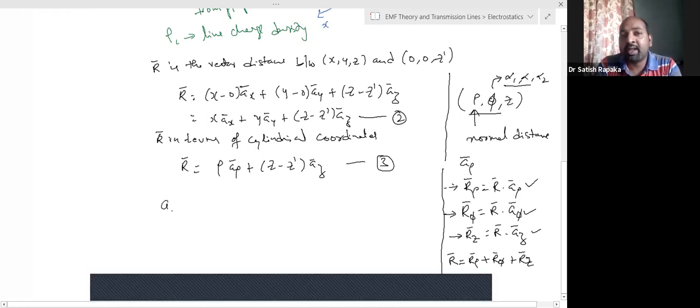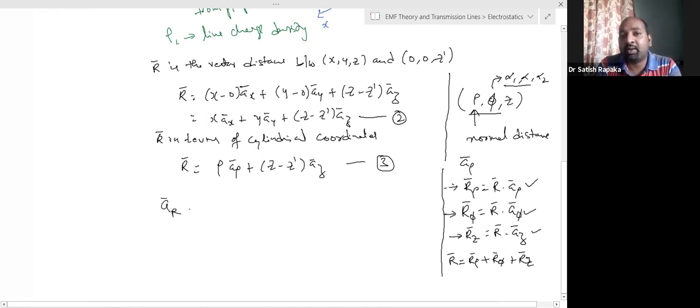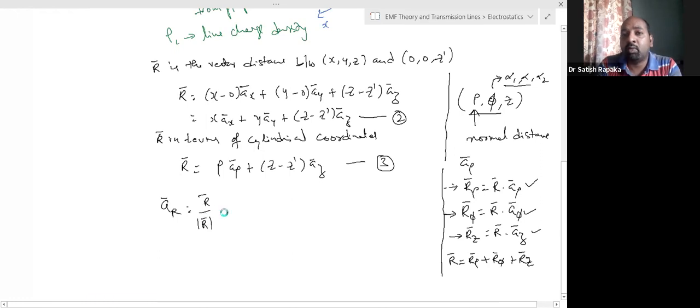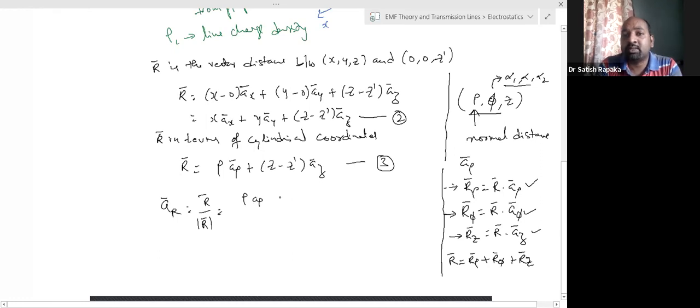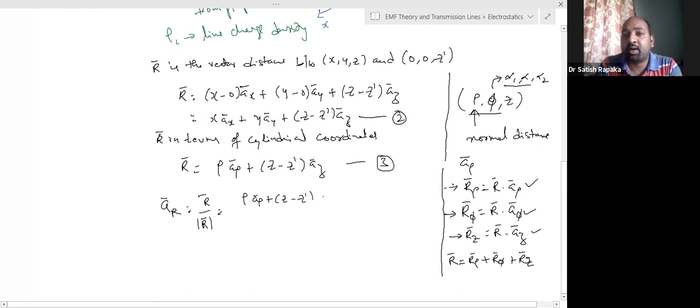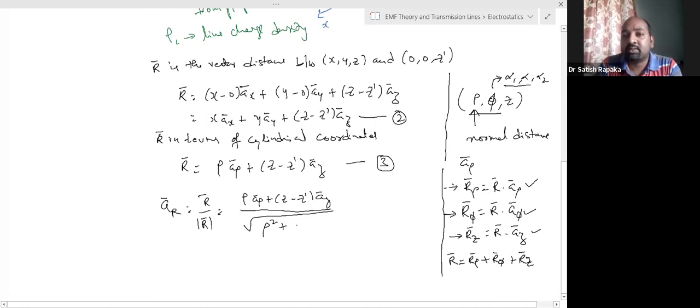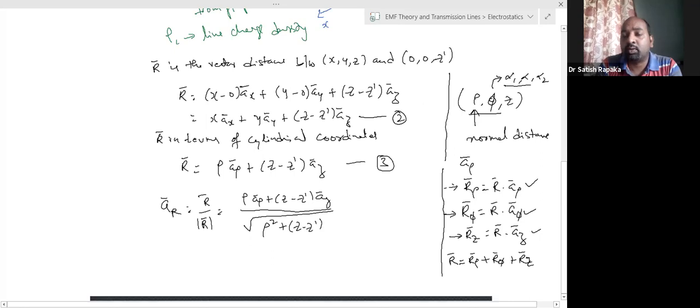So therefore a R bar, next what we want, a R bar is equal to R bar by mod R bar, which is equal to rho a rho bar plus (z minus z dash) a z bar divided by the square root of rho square plus (z minus z dash) whole square.